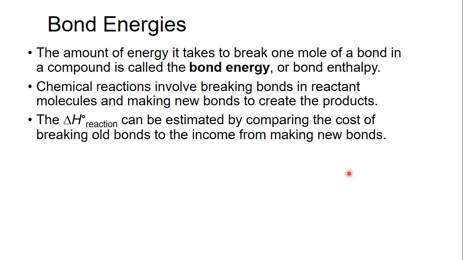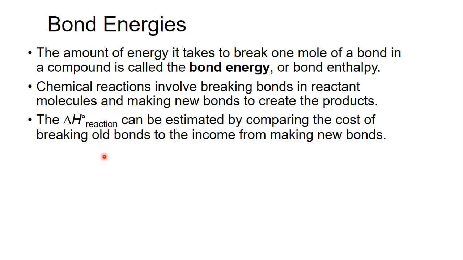Alright, let's talk about covalent bonds now. That is how atoms are connected. And we can talk about strengths of bonds in terms of energy, specifically bond energy or bond enthalpy. And that is the amount of energy required to break a bond. And when you form bonds, you get energy out of it.